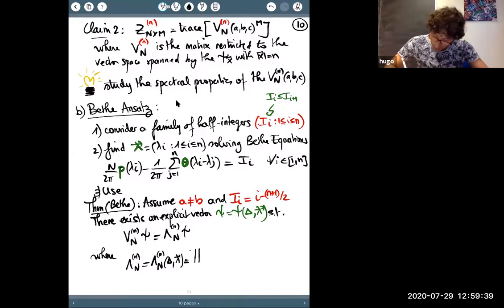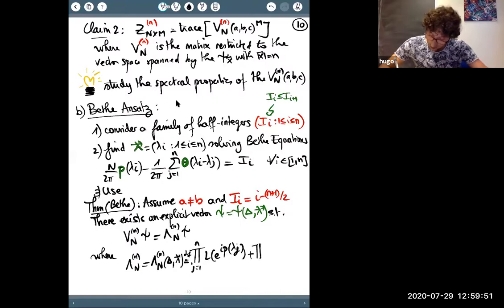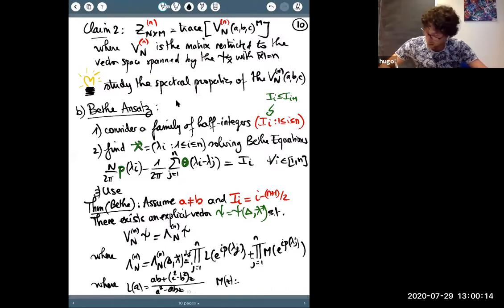And it's given by the product, a definition from the thing, j from 1 to n of L of e to the I pi of lambda j, p of lambda j, plus the same product with a certain function M, where, again, I need to tell you what L and M are, and these have fairly nice formulas. And M of z is a squared minus c squared minus abz over ab minus b squared z.